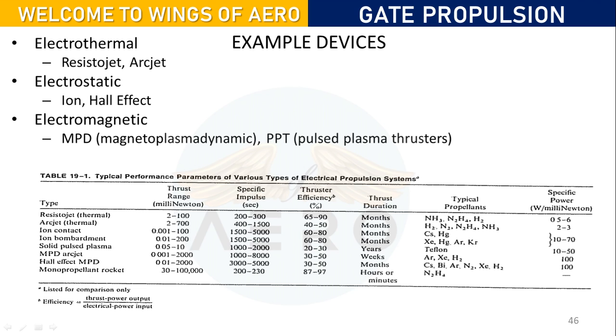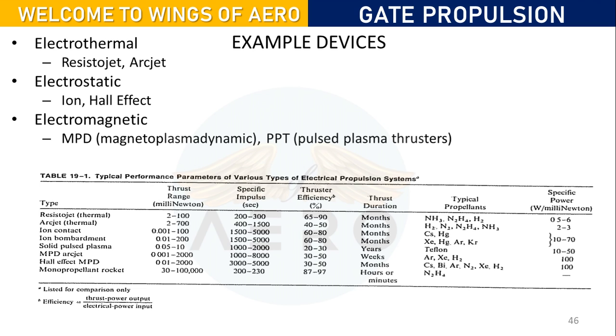Next, you should remember what possible propellants are used. In case of electrothermal, these are the possible propellants. N2H4, what is its name?